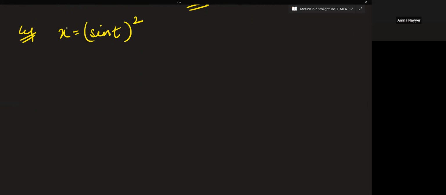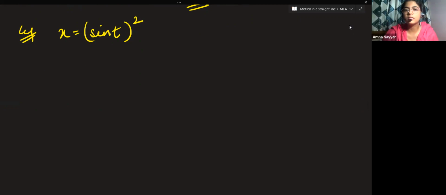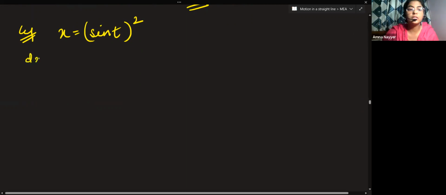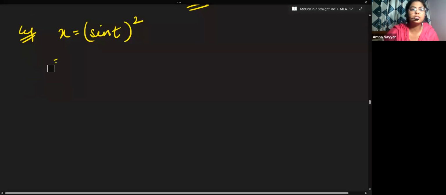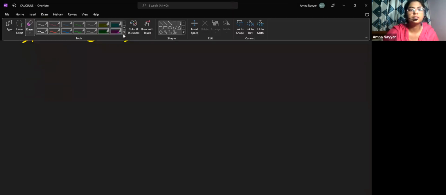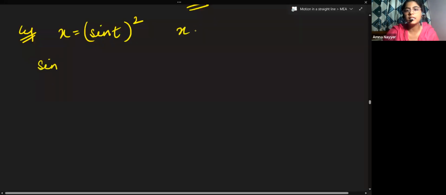Let's discuss it then. This is dx over dt, right? So firstly, before that, we have to identify functions of functions. This can be written as x equals sine square t.